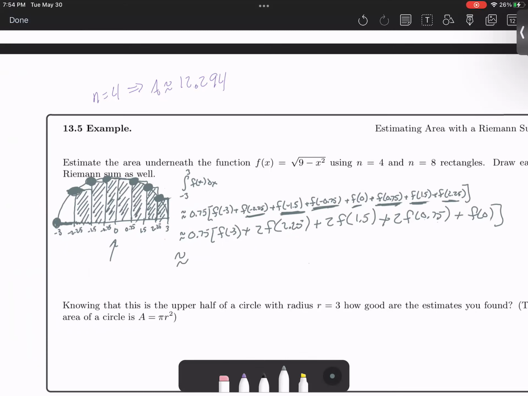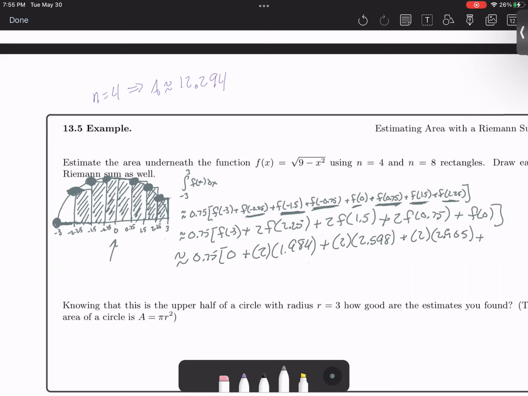If you run through this, let me give the function values. All right, we've got 0.75 times the function at -3 is 0. We've got 2 times the function at 2.25, and that's about 1.984. We've got 2 of the functions at 1.5, that's about 2.598. We've got 2 of the functions at 0.75, that's 2.905.